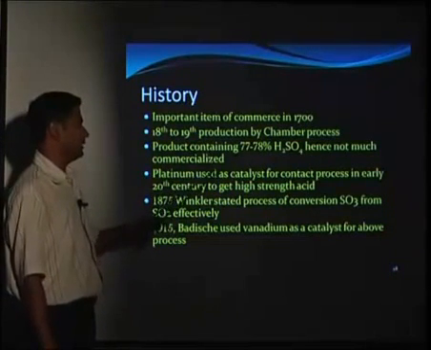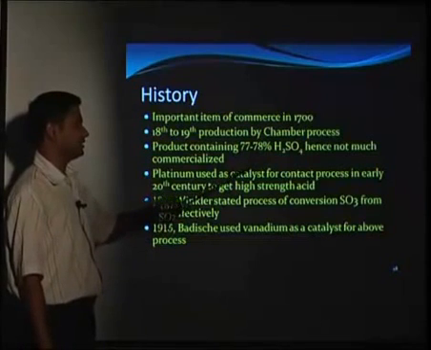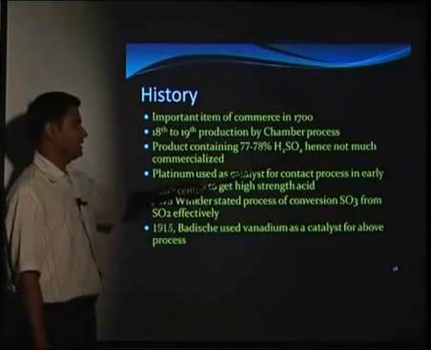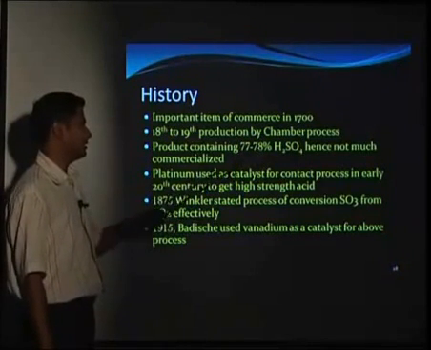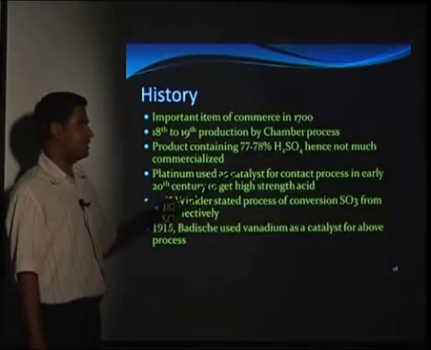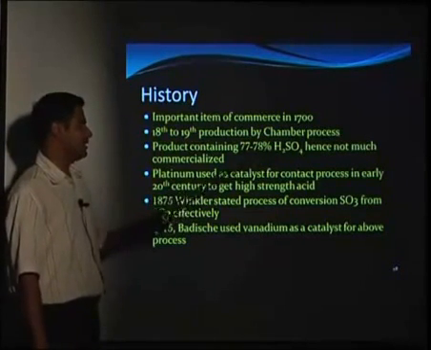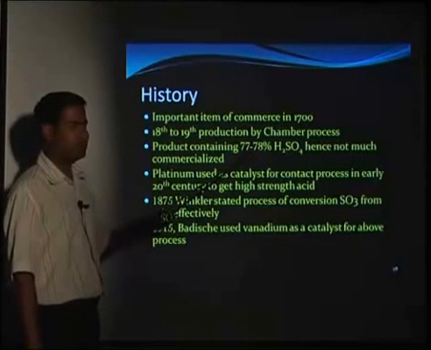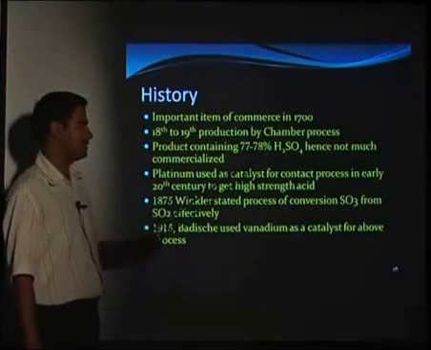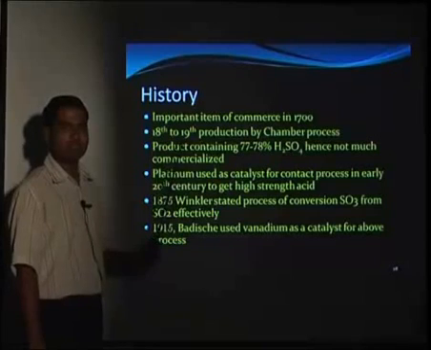The product contained 77 to 78% sulfuric acid, hence it was not much commercialized. Nowadays we need more than 98% concentrated sulfuric acid, so the 77 to 78% acid was not being commercialized at that time.